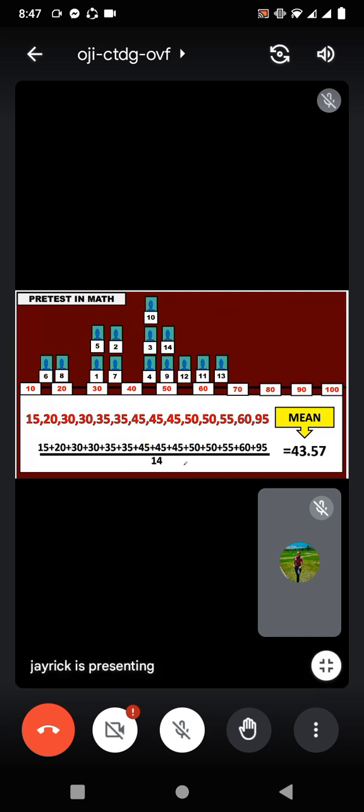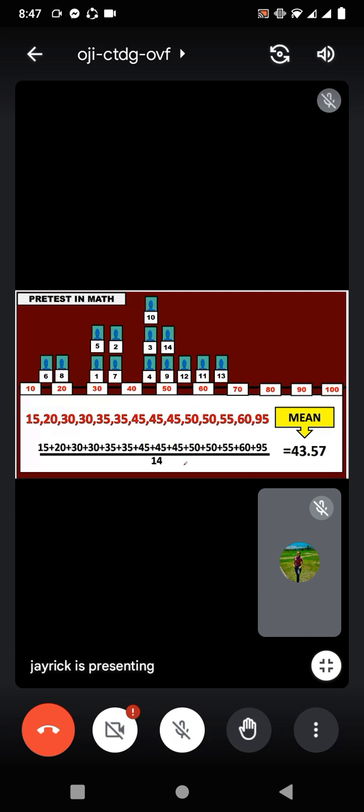We have now the new mean value which is 43.57. Take note, this mean value comes from the data set having the outlier which is 95. With this mean value, we cannot consider it a good representation of the central value.